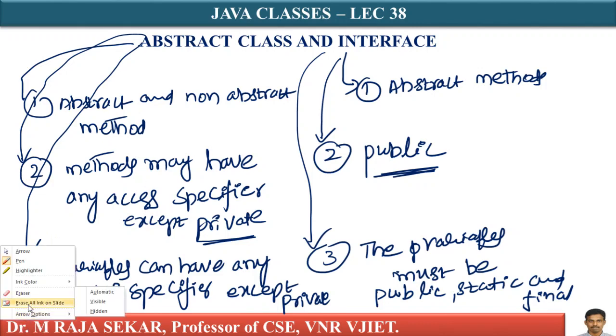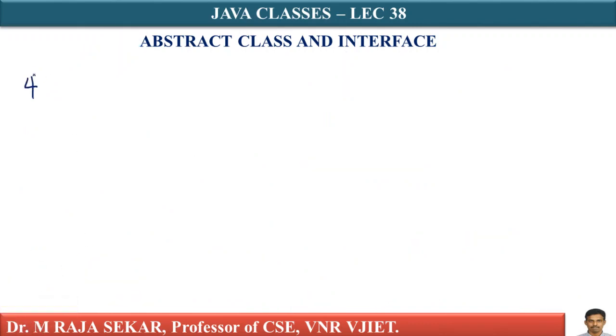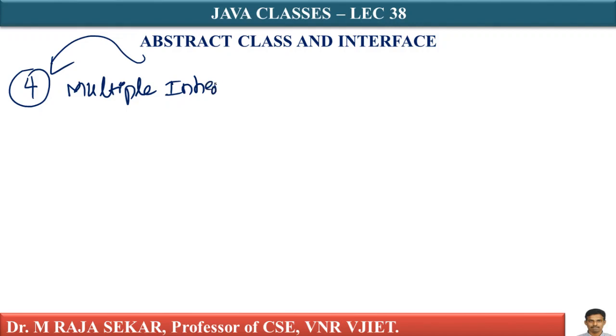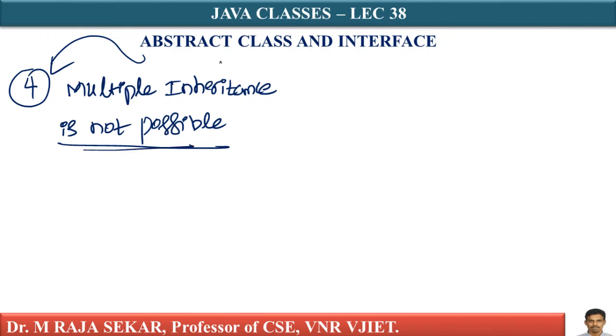Now, let me say my fourth difference. This is related to abstract classes. Multiple inheritance is not possible. You cannot implement multiple inheritance with the help of abstract classes, whereas you can achieve multiple inheritance through interfaces.